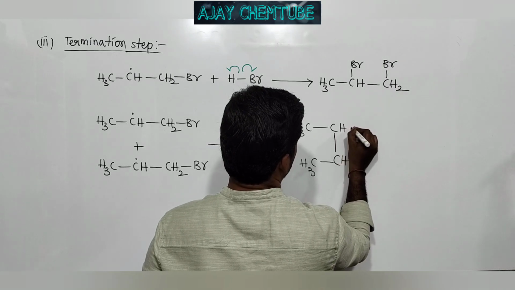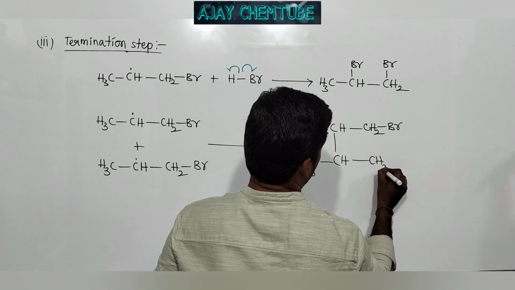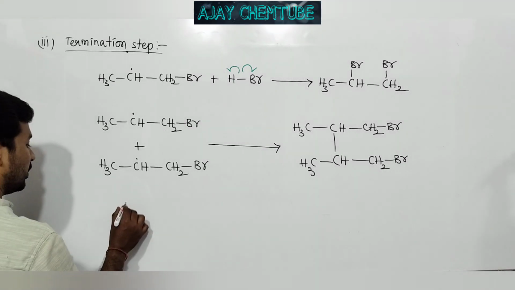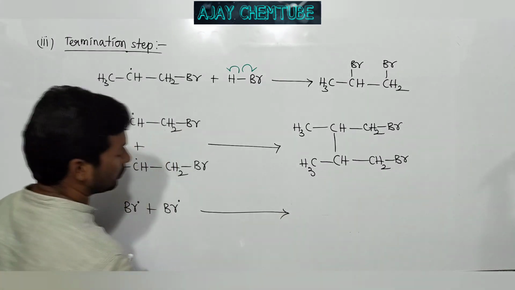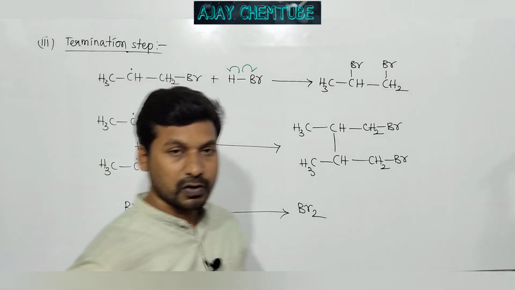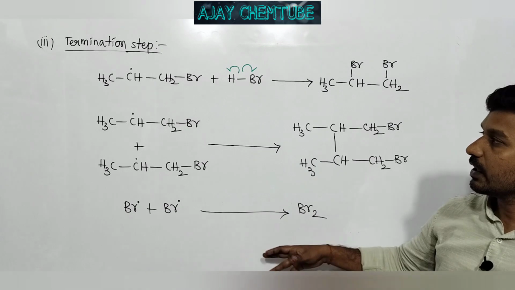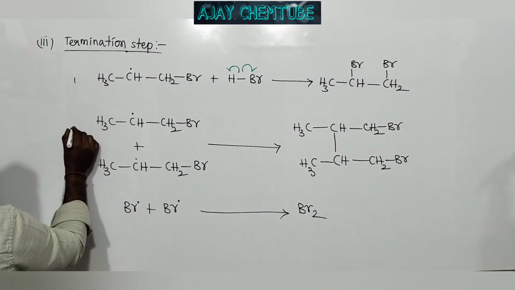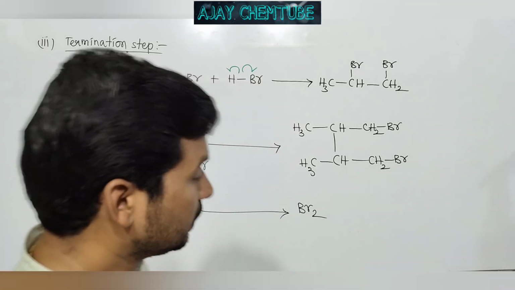If this reaction takes place, that also leads to termination of the step. Or if one bromine free radical combines with another bromine free radical, Br2 formation takes place. There are no bromine free radicals, no homolytic cleavage of propene, no further reaction. So if any one of these takes place, the reaction is going to close. Okay, right, take this one, I will write one question.